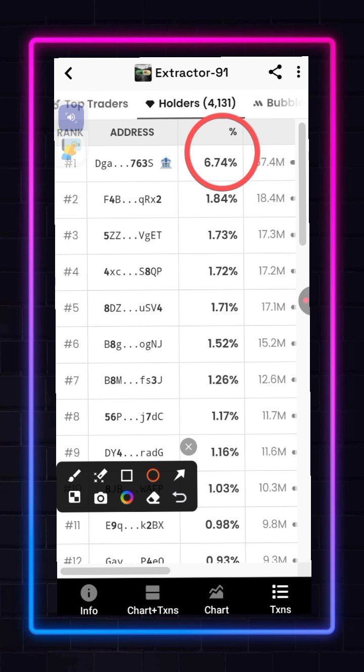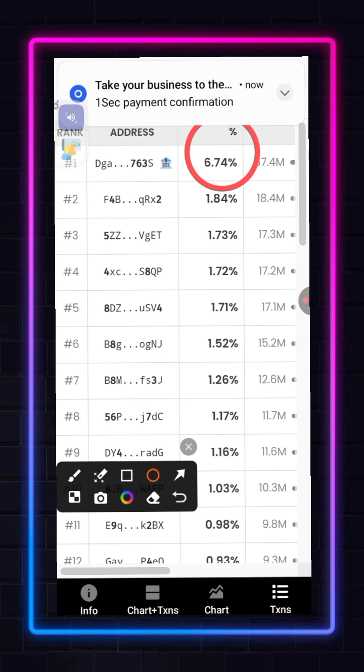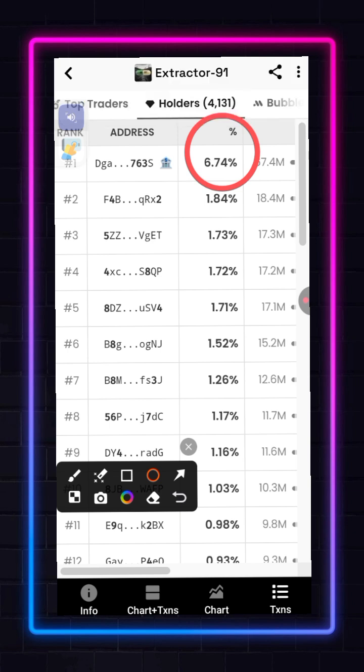In fact, 30 is a red flag. If they decide to sell at once, the market will just go down deep and you're going to lose a lot of money. That is why we are advising you guys, if you want to invest in any token, make sure the top holder is holding no more than 20%.